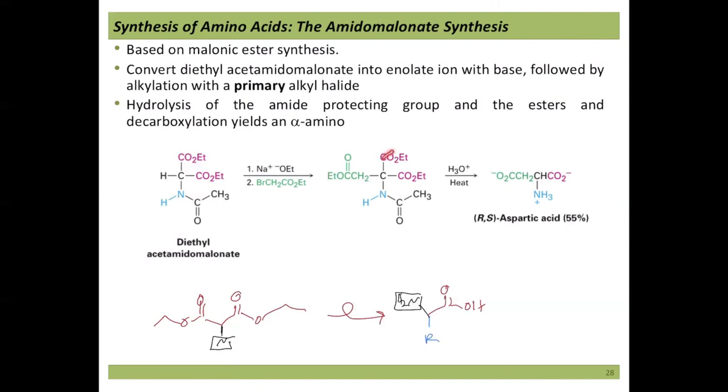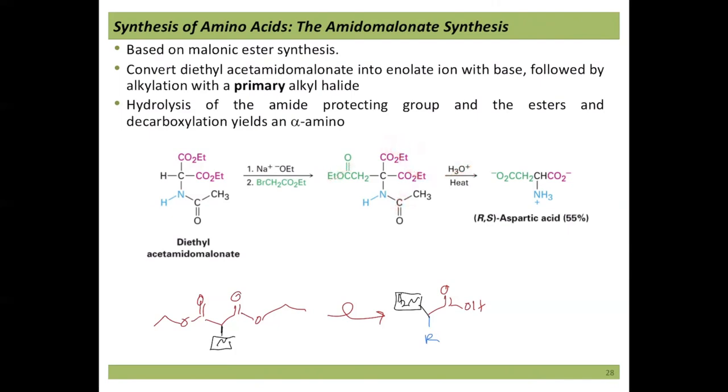First of all, it's going to convert each one of these esters into a carboxylic acid, as well as this ester right here into a carboxylic acid. It's also going to hydrolyze this amide into an amine. So essentially when you treat it with H3O+, you're going to hydrolyze the esters and the amide.